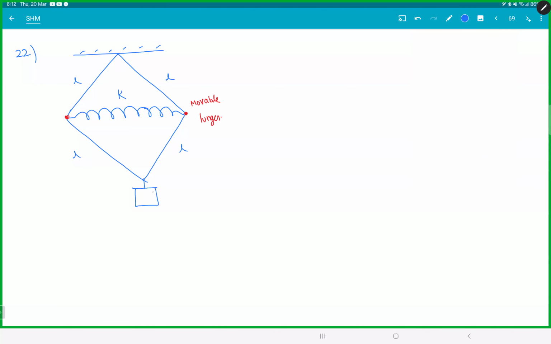And here we attached a block M. Gravity is there. So we have a rhombus made of 4 light rods, so rods are massless, made of light rods of length L. And you have connected a spring between them as shown.